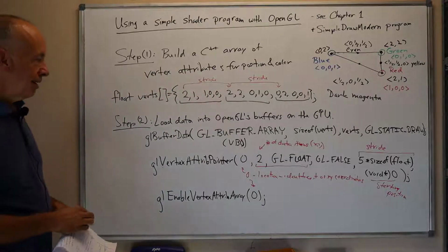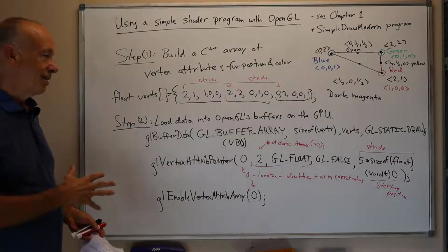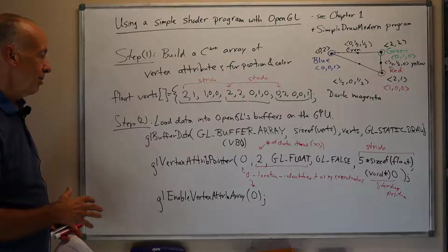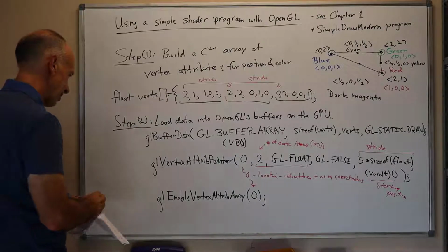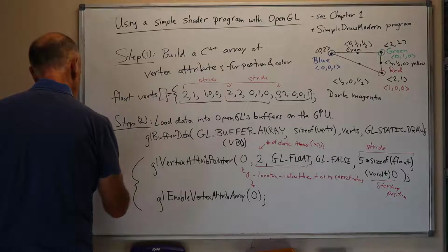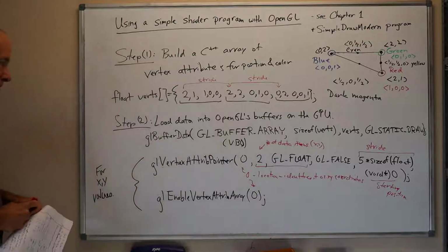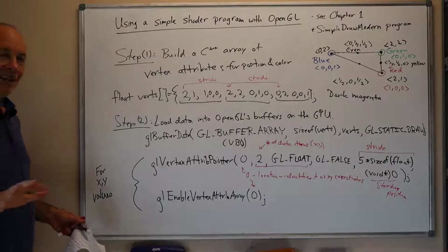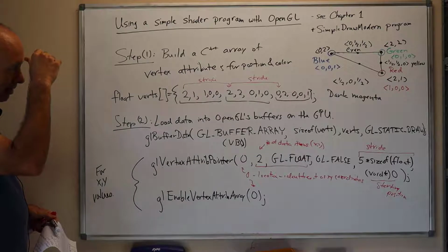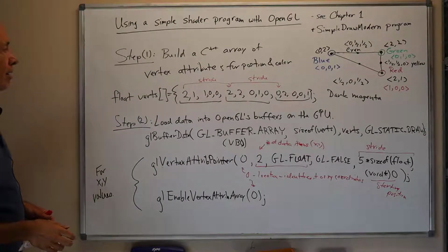Okay, so you might pause here and think about this, and I'm going to then change the board a little bit on you. So this was for, let me write it down here, this is for the XY values. So now I'm going to do a little bit of magic of the eraser and show you how you would change this for the color values.